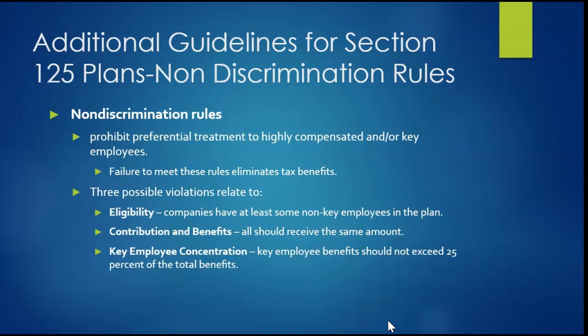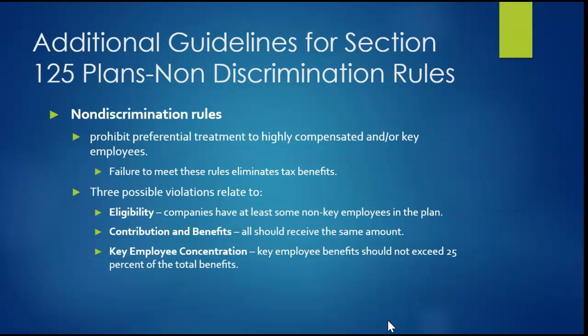The contributions and benefits test basically says that the benefits must be made on a non-discriminatory basis, meaning that highly compensated individuals cannot select more non-taxable benefits than non-highly compensated individuals. So that's something that the company has to keep track of and be able to provide data to support which benefits are going to which type of employees.